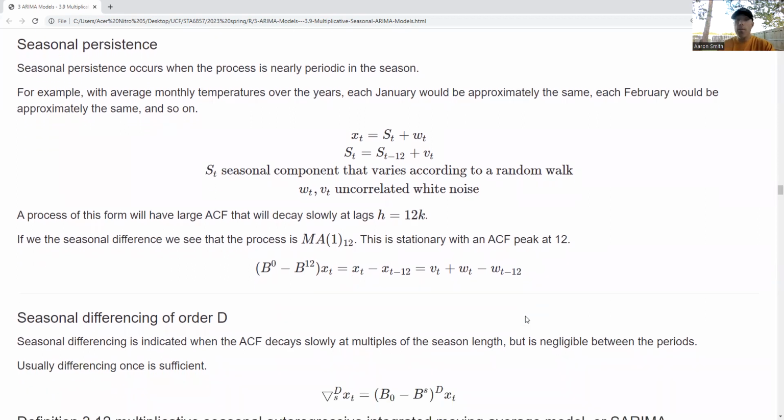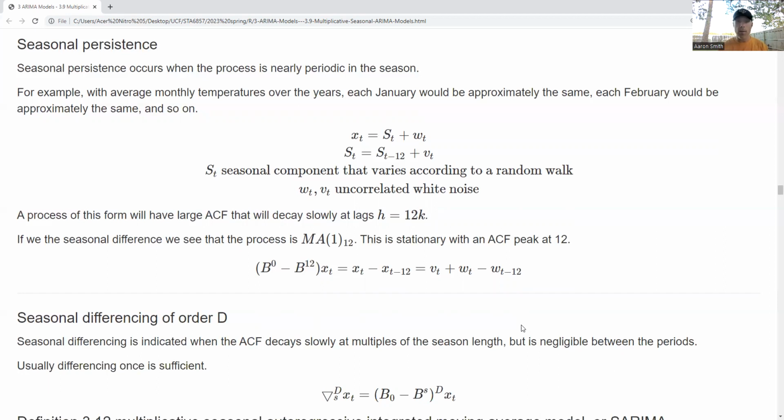All right, so now the next thing we want to talk about is seasonal differencing of order D. Seasonal differencing is indicated when the ACF decays slowly at multiples of the season length. So now, when I'm doing this in real life, I need to know what the length of a season is. If it's a year or a quarter or a month or something, it would make sense for me to know that going into my project.